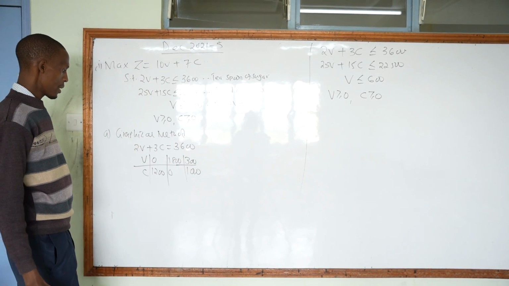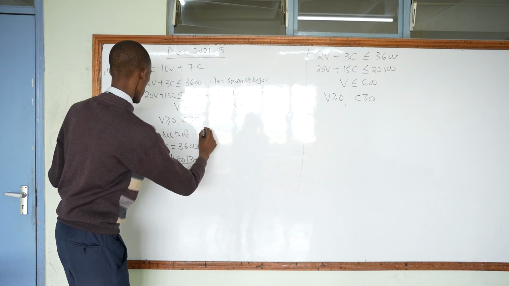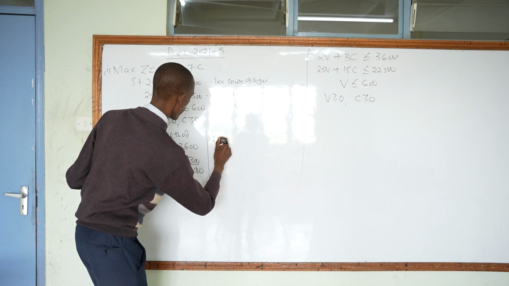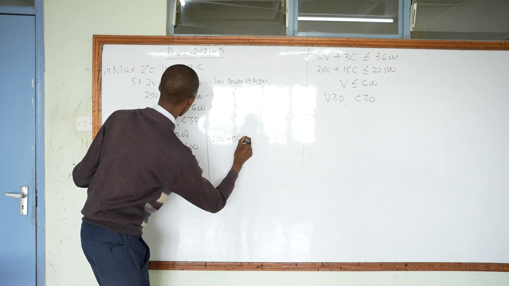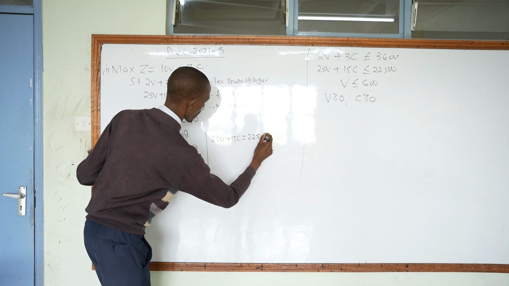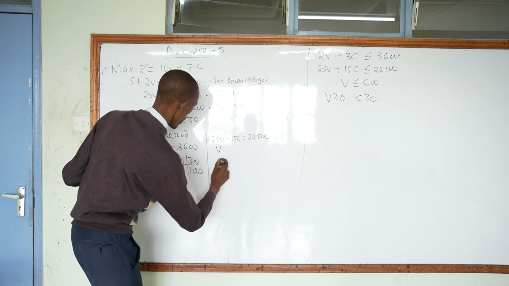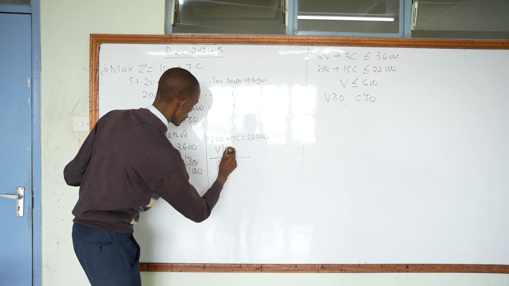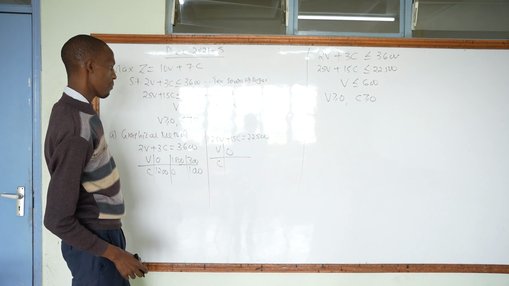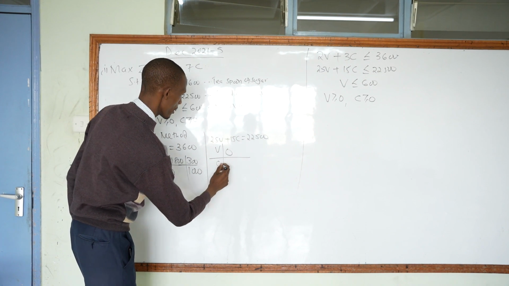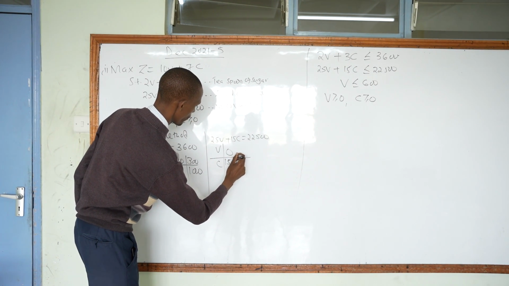So that is one. The other one is 25V plus 15C equals to 22,500. So then we say V again and C. When V is 0, what is C? That is 1500.